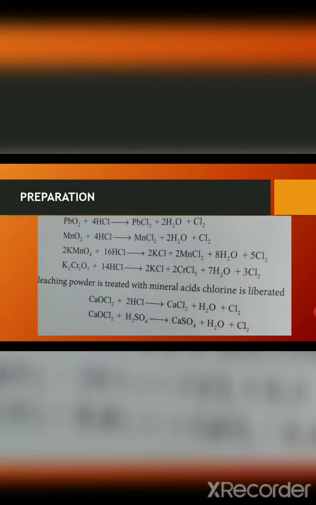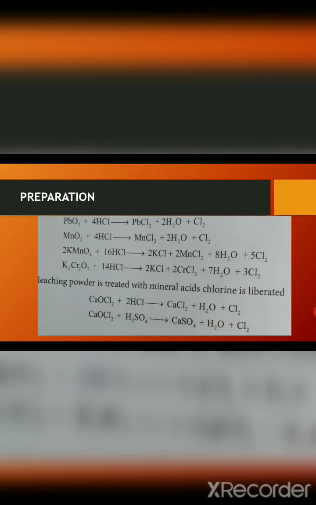The next, it can also be prepared by oxidizing hydrochloric acid using various oxidizing agents, such as manganese dioxide, lead dioxide, potassium permanganate and potassium dichromate. So 4 oxidizing agents they have given. All these oxidizing agents react with HCl, hydrochloric acid, and chlorine gas is liberated.